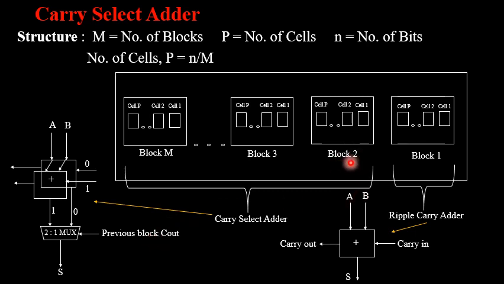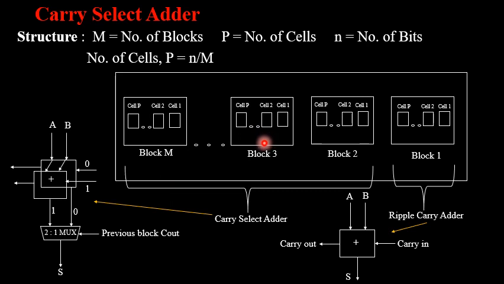Say from block 2, if I am considering this particular cell, previous block carry output, if there are 3 cells, then the third carry output, that is C0, C1, C2, will be the main block carry output. So that will be the previous block carry output for this particular element, which will be behaving like a selection input. So this is what you are supposed to remember.